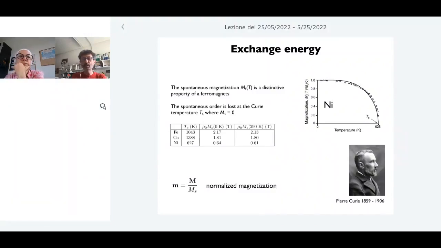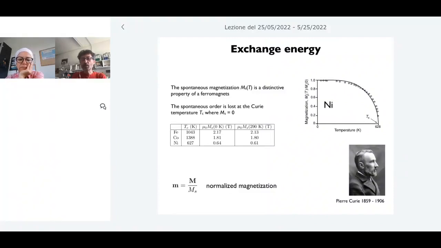It will depend on the kind of magnetic material that you're studying and possibly on temperature. This is an important property of ferromagnets. What we do in micromagnetics is assume that the temperature is not changing too much. We know that this saturation magnetization, the spontaneous order, will disappear at a certain point, and that point is a critical temperature, the Curie temperature.